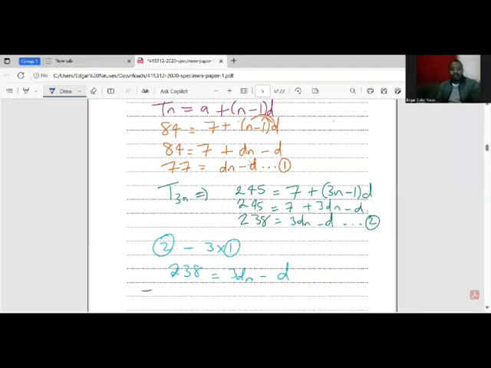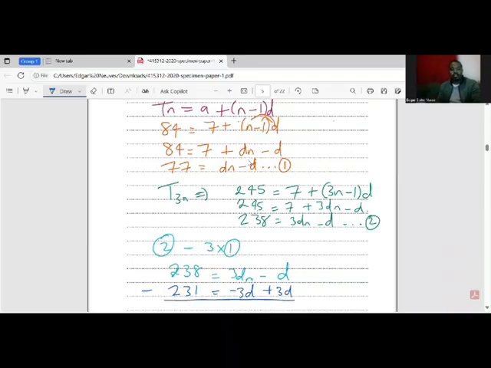So 77 multiplied by 3 is 231. So we're going to multiply every term in equation 1 by minus 3. So 77 times negative 3 is negative 231. dn times negative 3 is minus 3dn. Negative d times negative 3 is plus 3d.